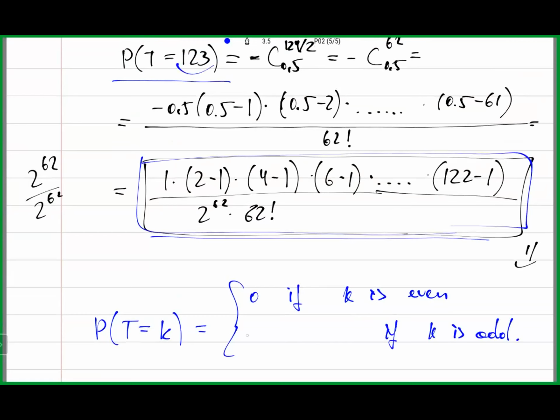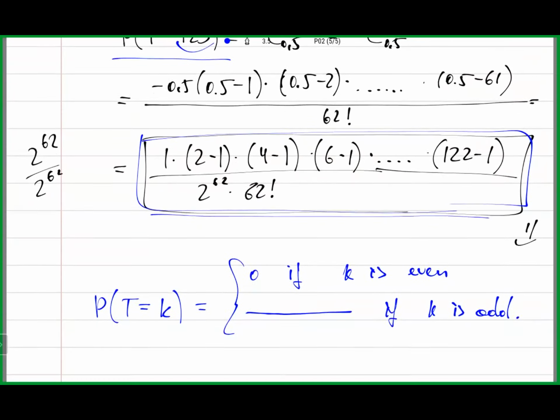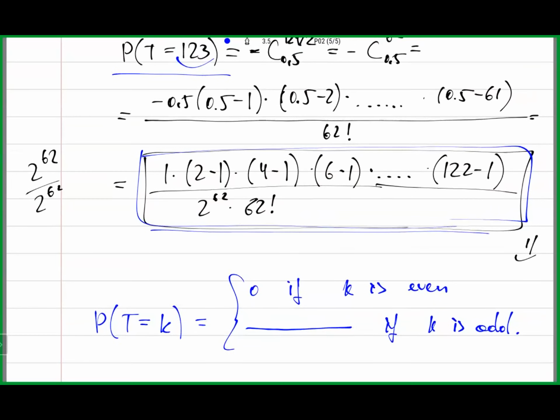In the nominator, you have, so how have we obtained this 62? 62 is k plus 1 over 2 factorial, 2 to the power k plus 1 over 2.